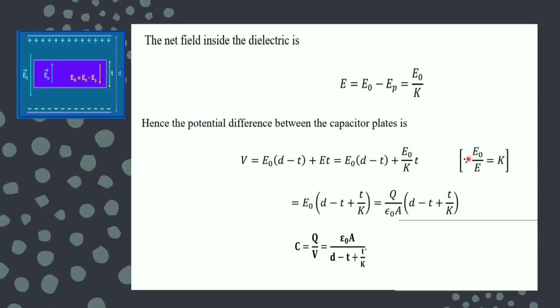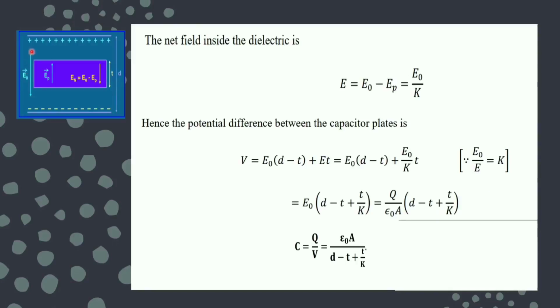So this E is the electric field in the medium, the net electric field, which I am writing as E naught minus EP from this diagram, and this value I am writing from my previous knowledge of the definition of the dielectric constant.